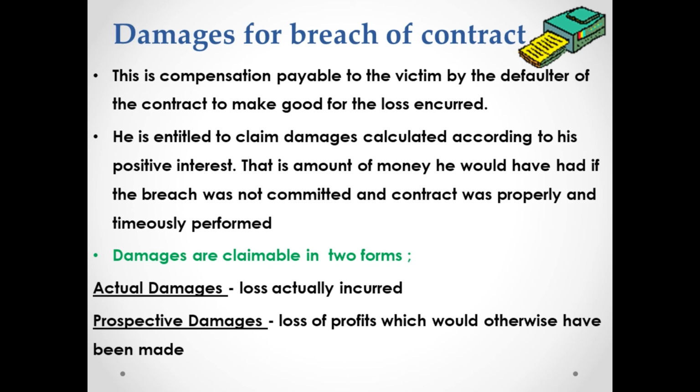That is loss actually incurred. Then we have prospective damages. That is loss of profits which would otherwise have been made if the breach was not made by the other party. So damages are claimable in these two forms.